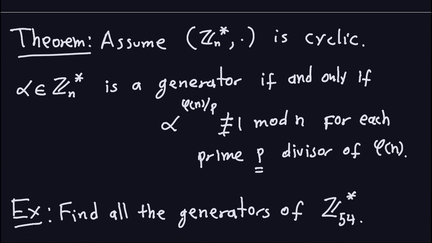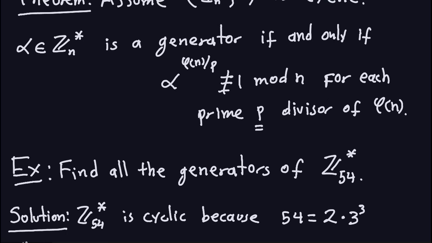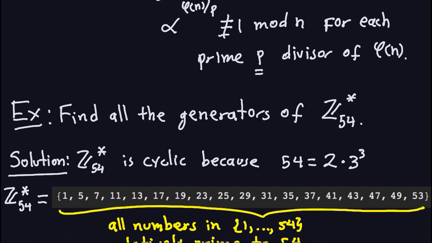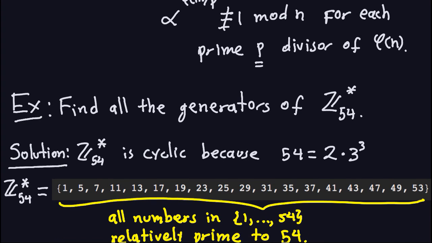Now, let's say that we want to find all the generators of Z54 star. The first thing you have to do is double check that this is actually a cyclic group. Because if it's not cyclic, there is no point in checking if it has generators, since it doesn't have any generators at all. So we have to check if this is cyclic first. So let's check that.